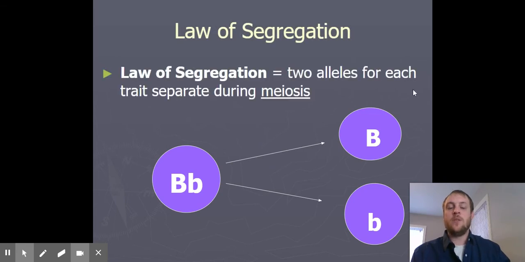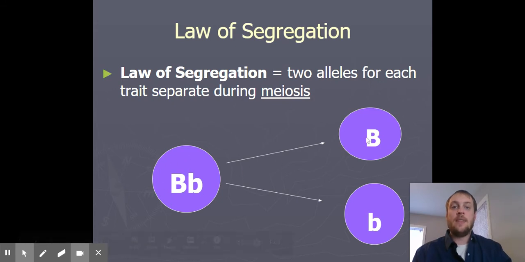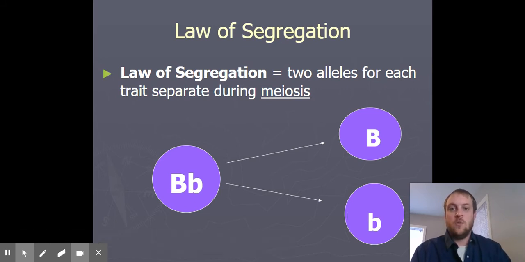We know that in meiosis we end up with 4 genetically different cells. When we get one version from mom and one version from dad, at the end of meiosis, after the cell splits twice creating 4 genetically different cells, each new cell would have a different version of that trait depending on the genes that you have.